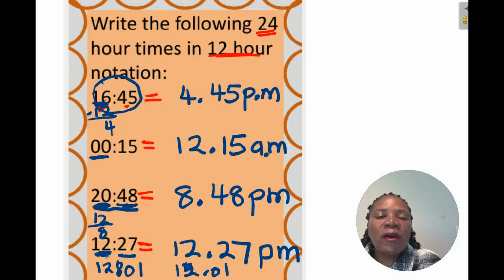But the difference will be that on the 12-hour notation, we will be writing PM, because it will be after 12 noon. That's when the PM time will start. The PM will start from a minute past 12 noon, up to 11:59 midnight. 11:59.